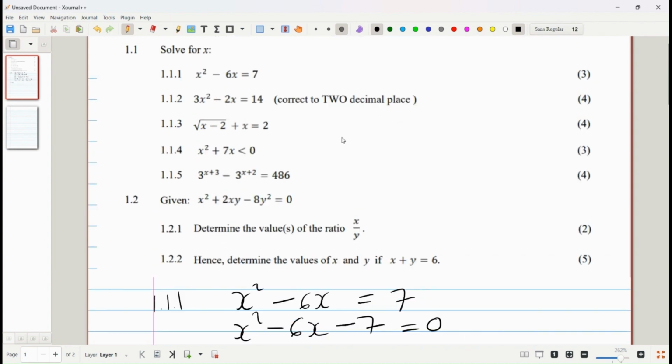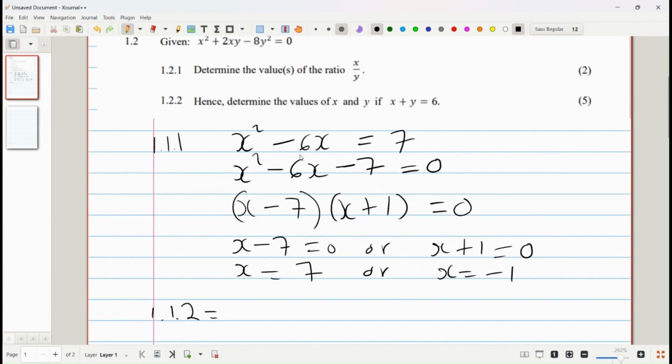But before we write the quadratic formula, we must write this equation in its standard form. So writing this equation, we have 3x squared minus 2x minus 14.